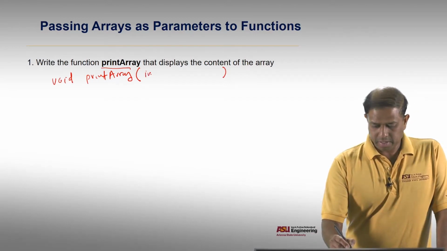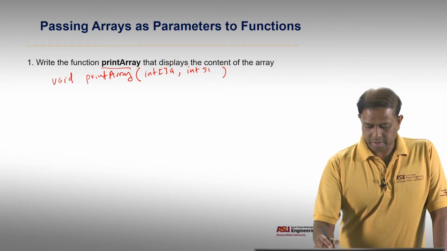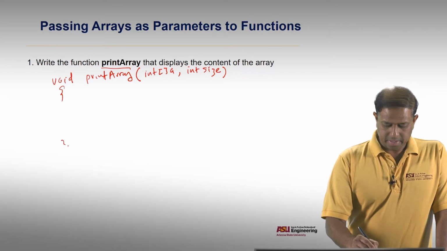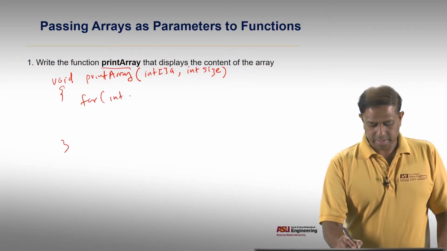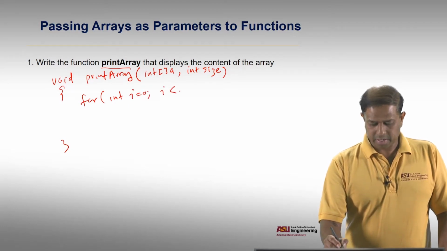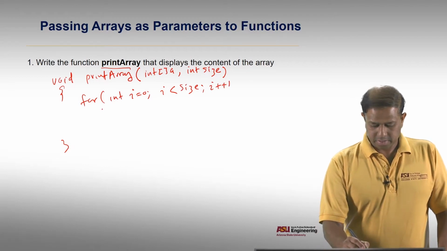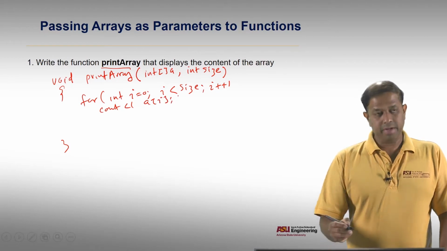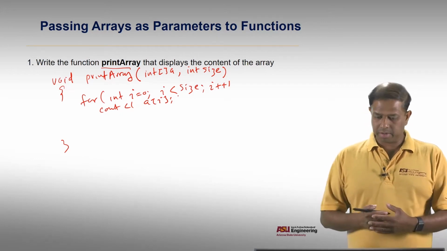The first one is an integer array A, and then we need to know the size of the array, that means how many elements are stored in the array. And then we can run a for loop in here. You can say for int i equals 0, i less than the size of the array, i plus plus, cout a[i]. So that will display the content of the parameter a on the monitor, right?